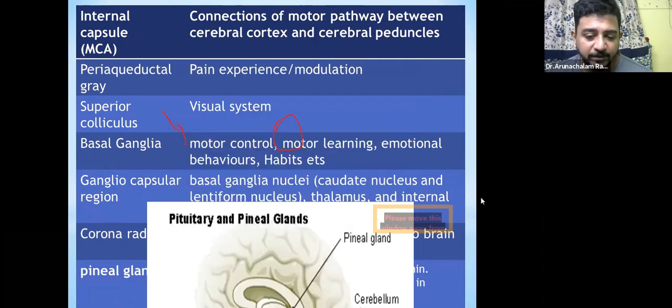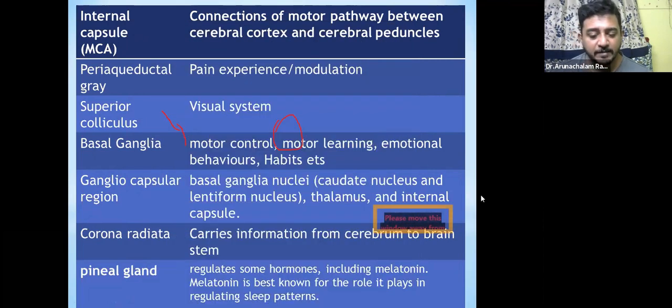What is the role of the pineal gland? It regulates some of the hormones in your body, which are sexual hormones. A very important hormone it regulates is melatonin. Melatonin is best known for its role in regulation of sleep pattern. If you have insomnia, there may be a problem with the pineal body.